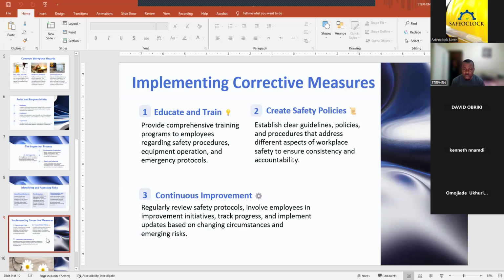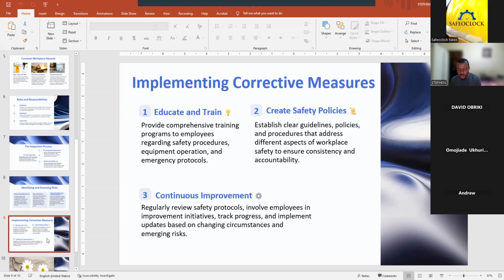We have to create safety policies. We have to establish clear guidelines, policies and procedures that address different aspects of the workplace. Because sometimes we don't need to wait for an accident to happen. During inspection, we might discover some loopholes that will need a lot of correction within the policies and procedures we have in our workplace.